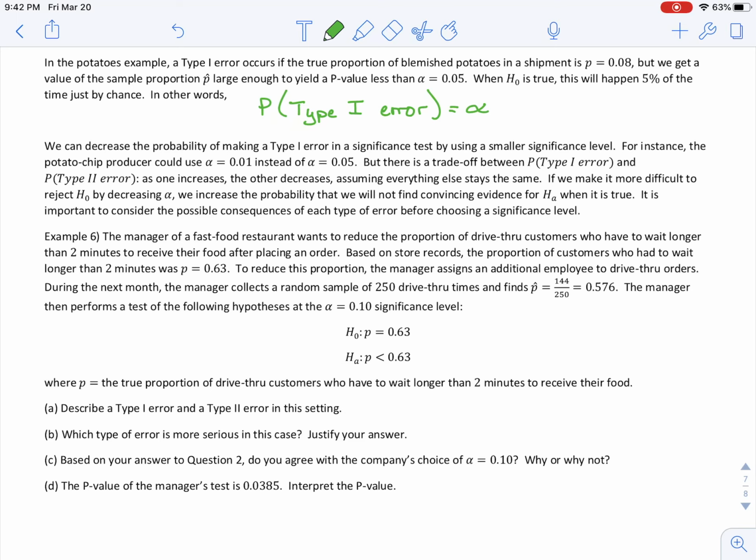So if we make it more difficult to reject the null by having a smaller alpha level, we increase the probability of not finding convincing evidence for the alternative when it's actually true. If you are an actual researcher trying to decide things, there's a good reason it's almost always at 0.05, partially from tradition and the guy who invented all of this, but also because if you decrease the type 1 error, you increase the probability that you just made a type 2 error.